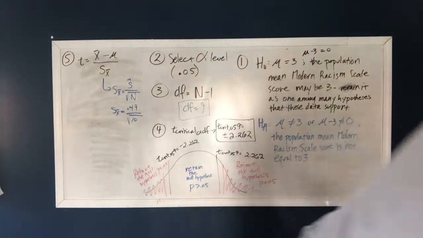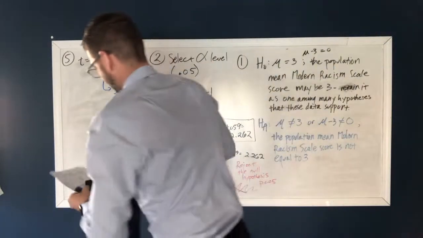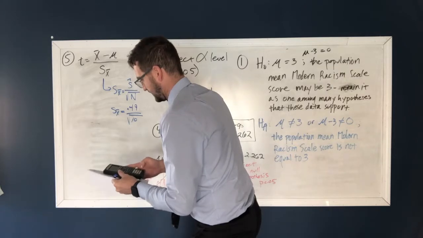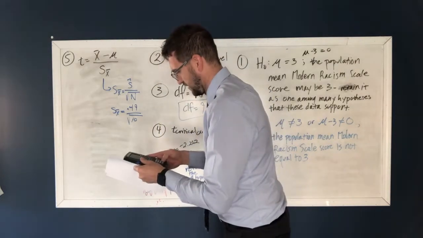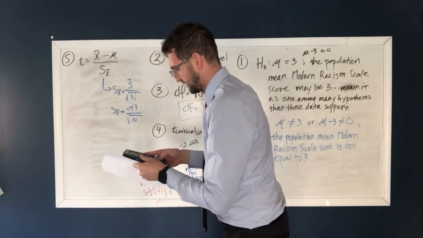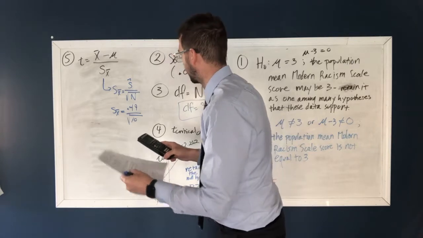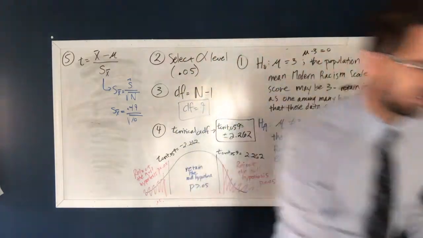Let me go ahead and grab my calculator so we can do this together. Okay, the square root of 10 is going to be 3.16, we'll just call it that. 0.49 divided by 3.16. It looks like we're getting 0.15 or 0.16.